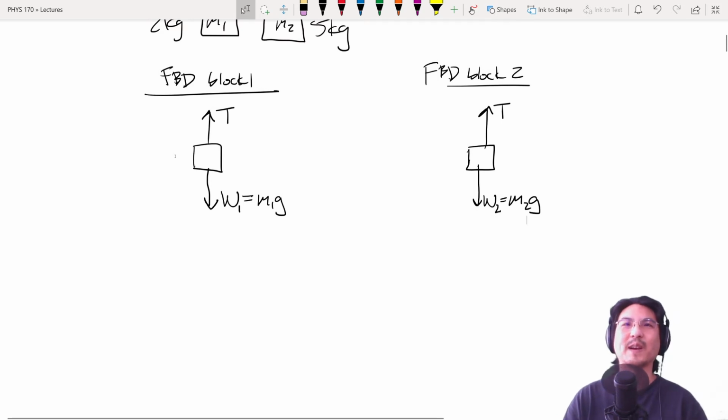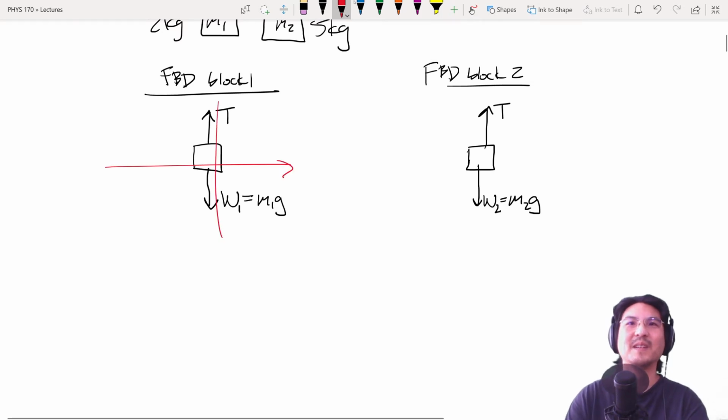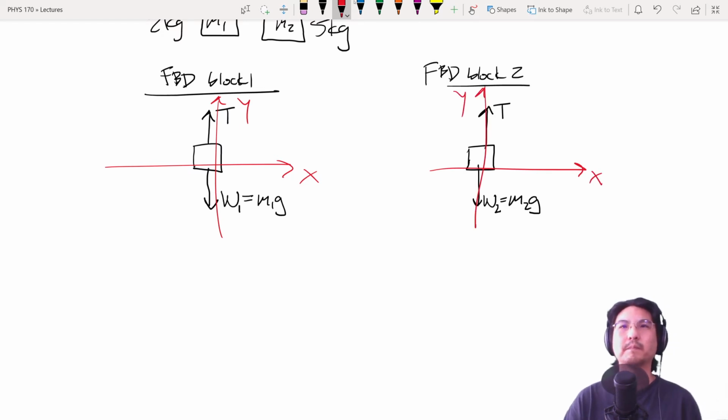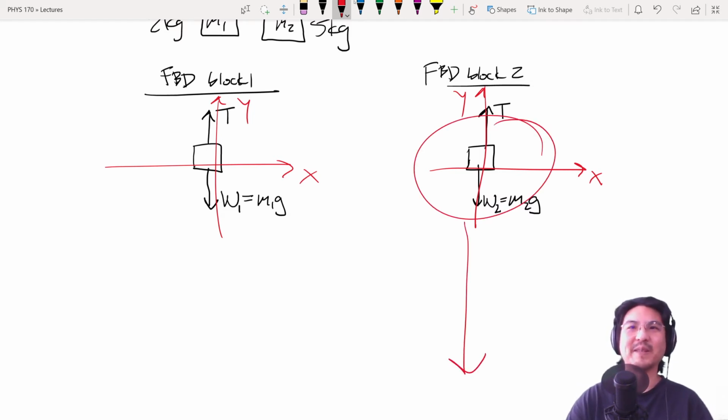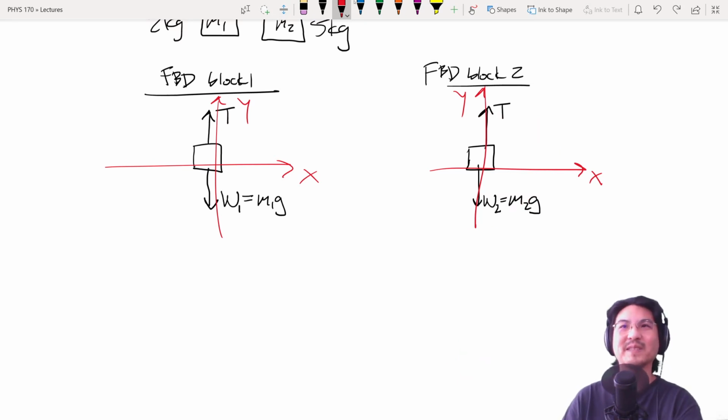Now that you have the free body diagrams drawn, step 2, pick coordinates. So it's up to you. You can pick coordinates however you want. You could go like this and like this. But just note that what's really going to happen is this block is going to go down in the negative y direction, right?